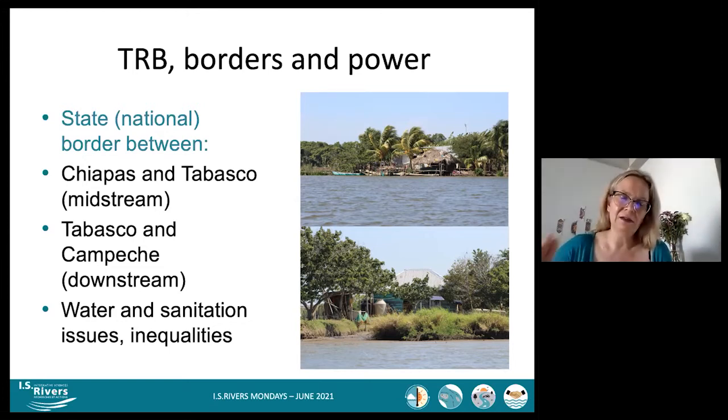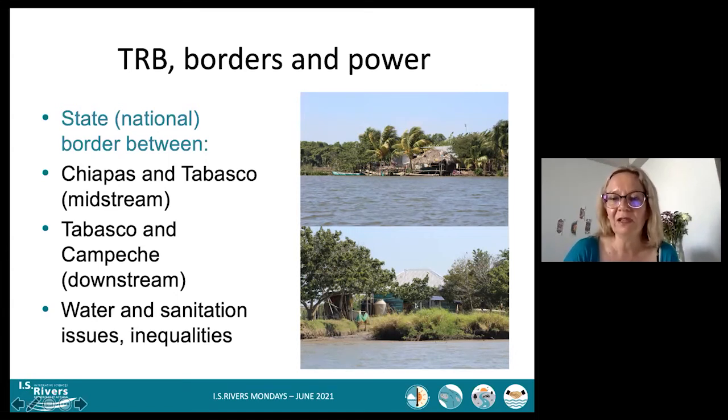There's the San Pedro River that separates these two states, thus creating a differentiation on an economic level in particular with regard to access to services, to water, sanitation, health services, and also electricity, as you can see on the two photos.